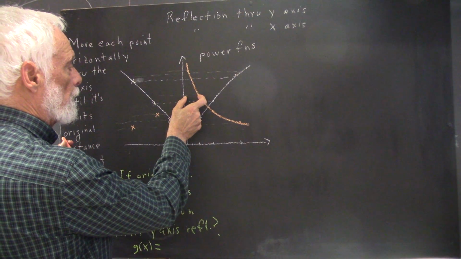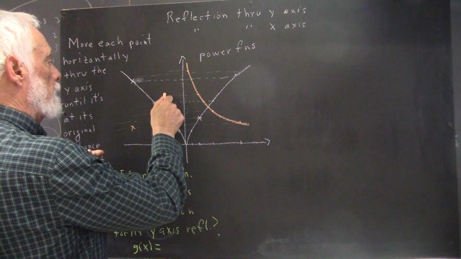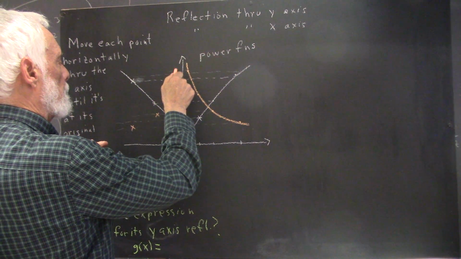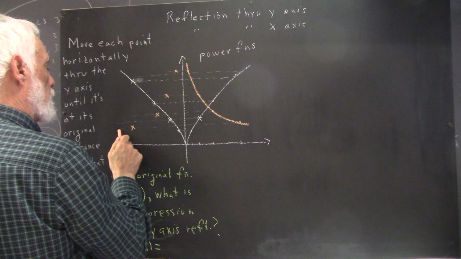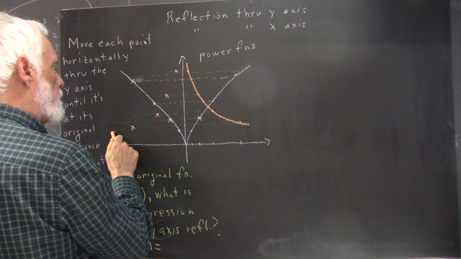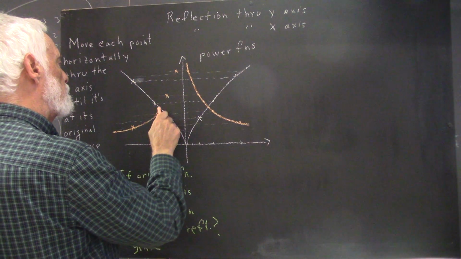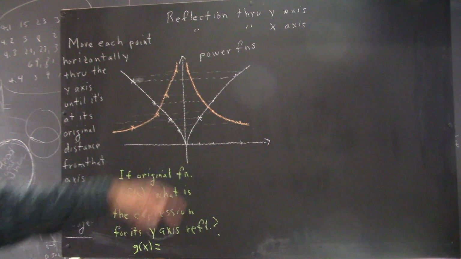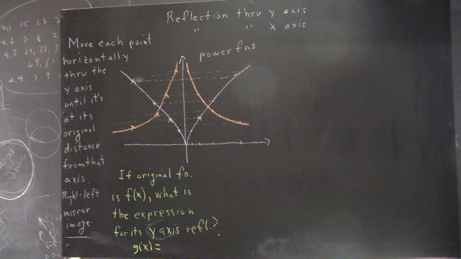If I reflect through this distance, I'm here. If I reflect through this distance, well, I'm here. So now I can sketch a reasonable graph, and again, it appears to be a mirror image.